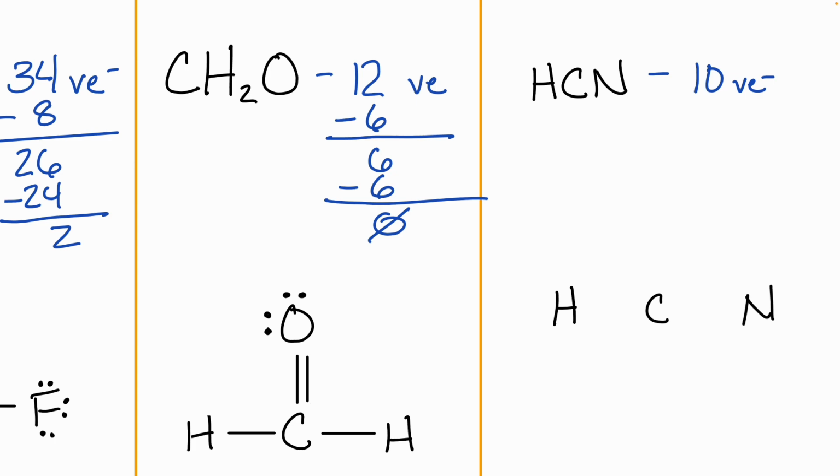I put that carbon down in the middle, decorate it with the constituents on the outside, and then draw those single bonds. I got 6 left over. I'm going to make everybody on the outside happy first. Hydrogen's already happy. So I'm going to make my nitrogen happy. And that gets rid of all 6 electrons that I was allowed to use.